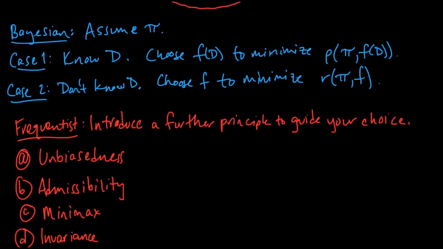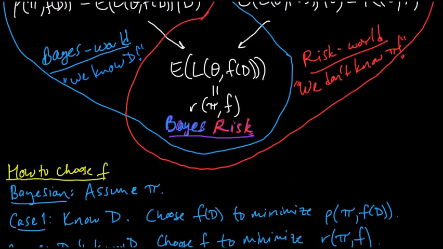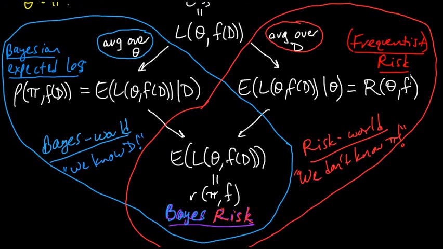So all of this was how to choose your decision procedure F under each of these perspectives, Bayesian and frequentist. I brushed through it quickly, but let me make it very clear why minimizing this is not a well-defined problem. The reason is that for any given F, this is a function of theta.